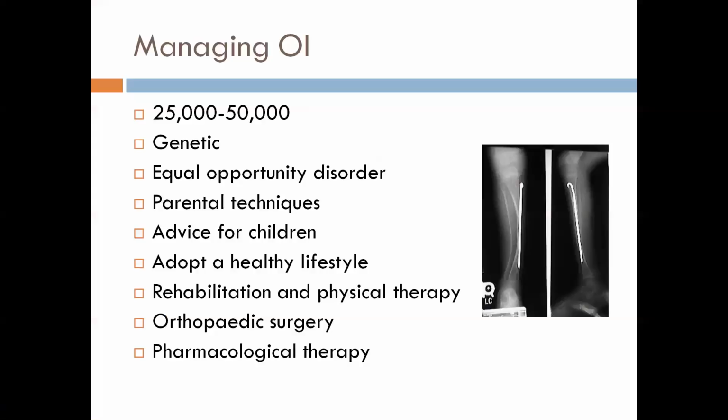A lot of times the cause is a mutation on the collagen. I refer to it as an equal opportunity disorder because there is no pattern that makes it more common for men or women, and there's no pattern that makes it a higher rate among certain ethnicities or races. Everybody has the same likelihood of getting it.